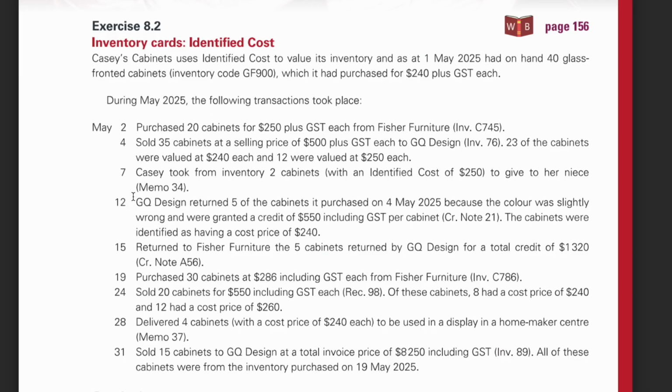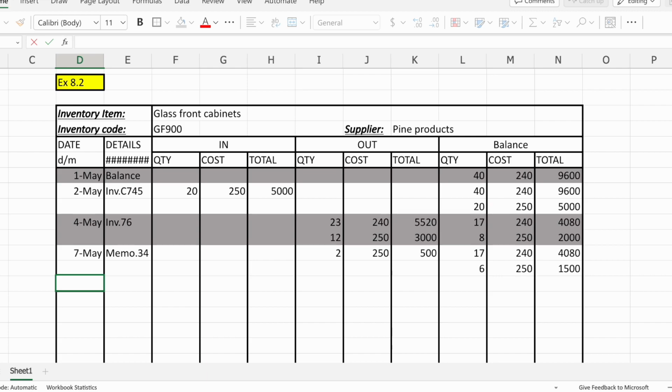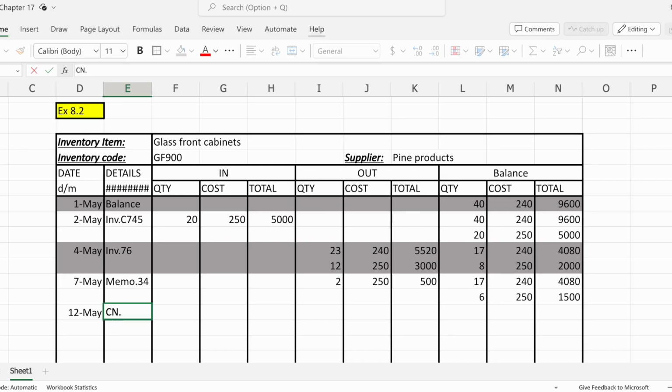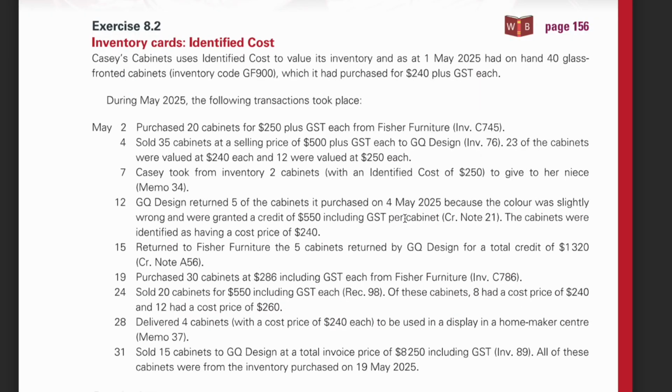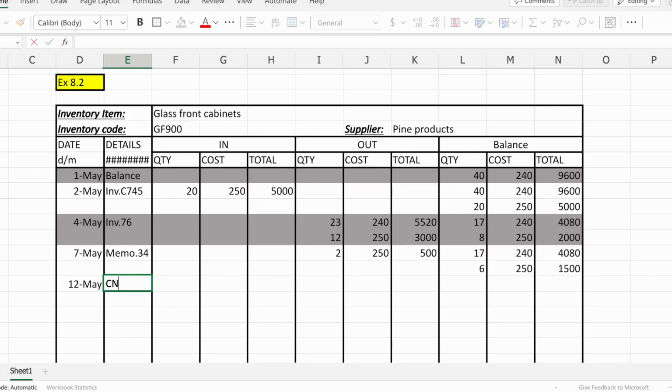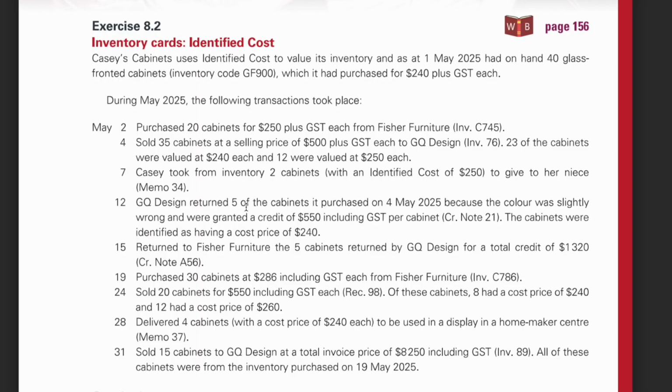The next one, 12th of May, they gave us a credit note, which was credit note 21, CN21. They said GQ Design returned 5 of the cabinets.